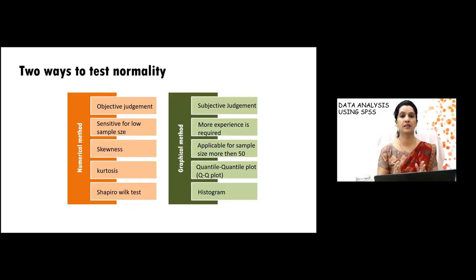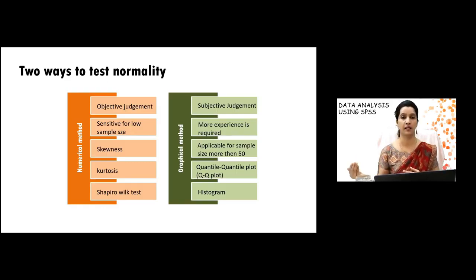Both methods have their own pros and cons. Generally, it is recommended that if the sample size is less than 50, you should use the numerical or objective method of assessment of normality. If the sample size is more than 50, then you should use the graphical method of assessment of normality.